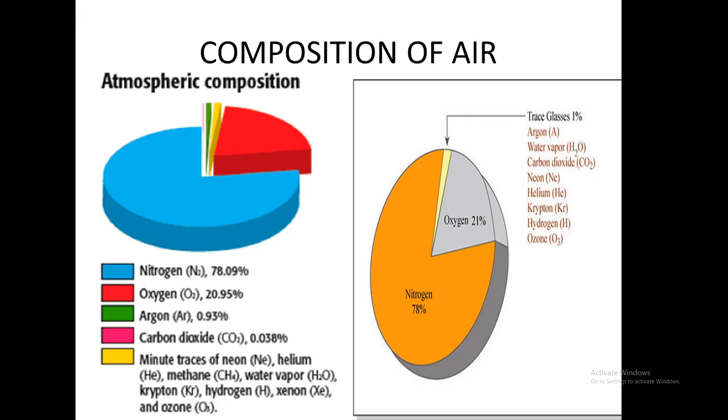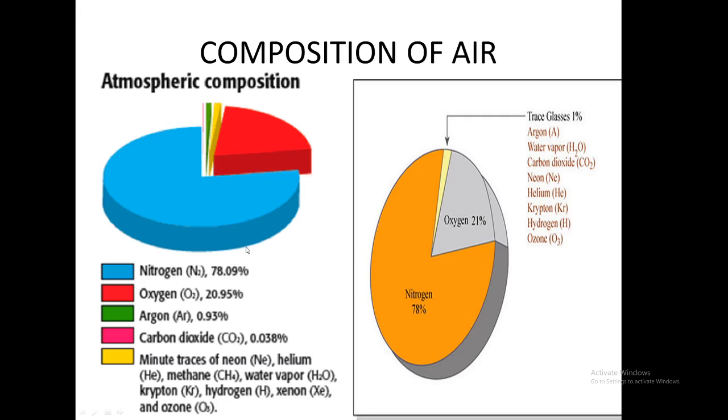In 1774 the scientist Joseph Priestley showed that air contains oxygen. But afterwards, because of more experiments, it was proved that air is a mixture of gases, in different ratios. They may vary from place to place.